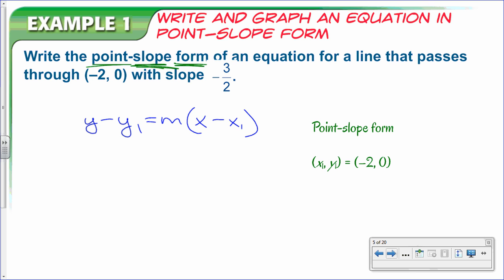Now it just becomes a matter of doing what? Yeah, plugging everything in. How do I know what goes where? This is x1 and y1. Okay, so y minus 0 equals, what's my slope? Okay, and then x. Got to make sure I keep my minus separate from my negative. Right, keep your minus separate from your negative.